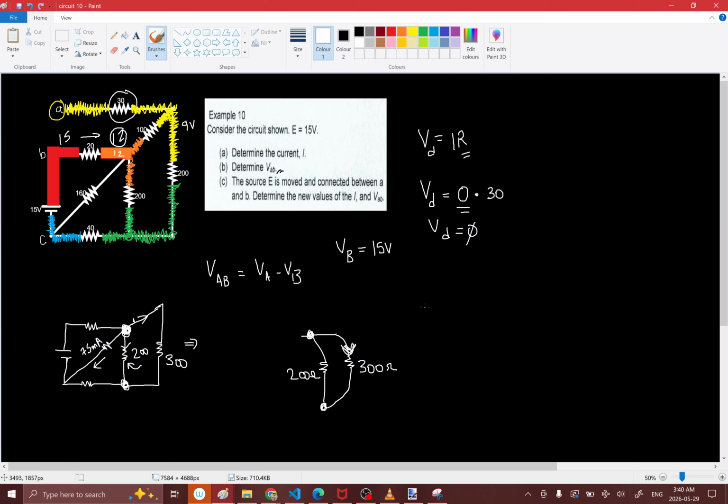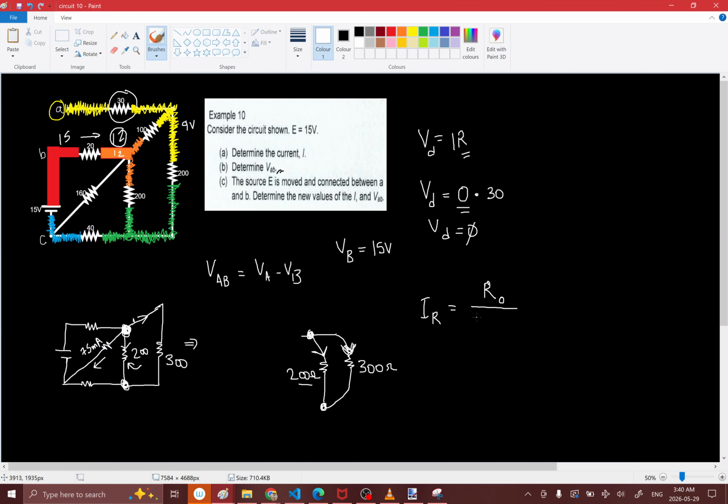we use this formula. So the current through our resistor is equal to, sorry, not the current, the resistance of the other path. So this is the other path, right? This is the path we're trying to solve for. And this 200 ohm path is the other path.